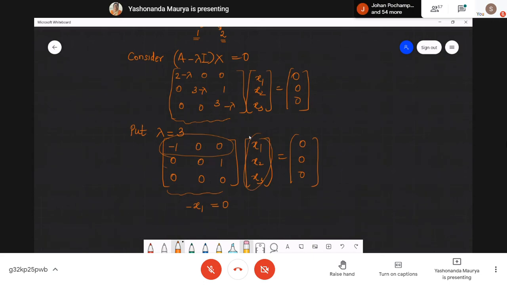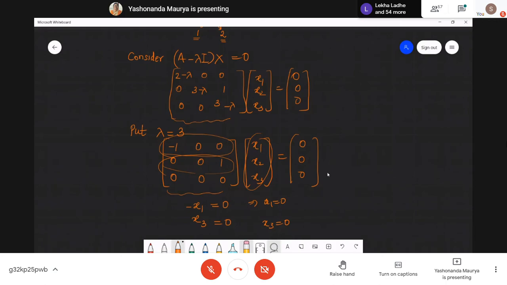And from this one, what do we get? x3 is equal to 0. Now it means x1 is equal to 0 and x3 is equal to 0.